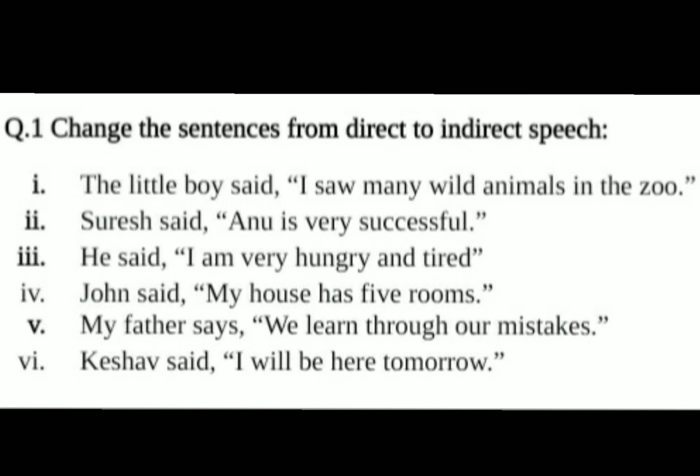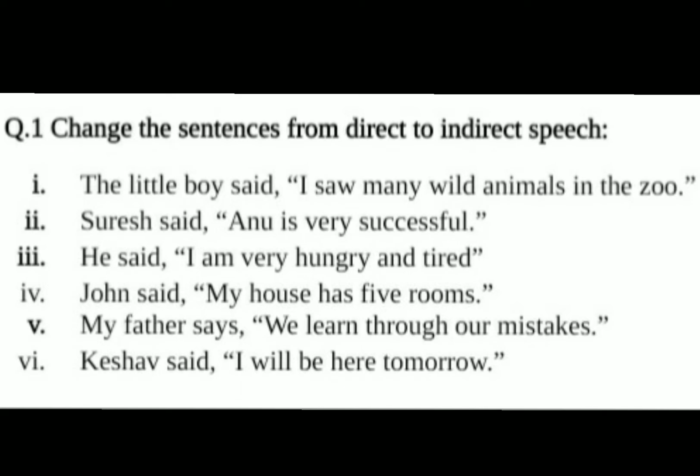Then coming on to the third sentence, he said, I am very hungry and tired. The reporting verb is said. So again, all necessary changes will take place. The correct form of indirect speech would be, he said that, now, I am very hungry and tired.